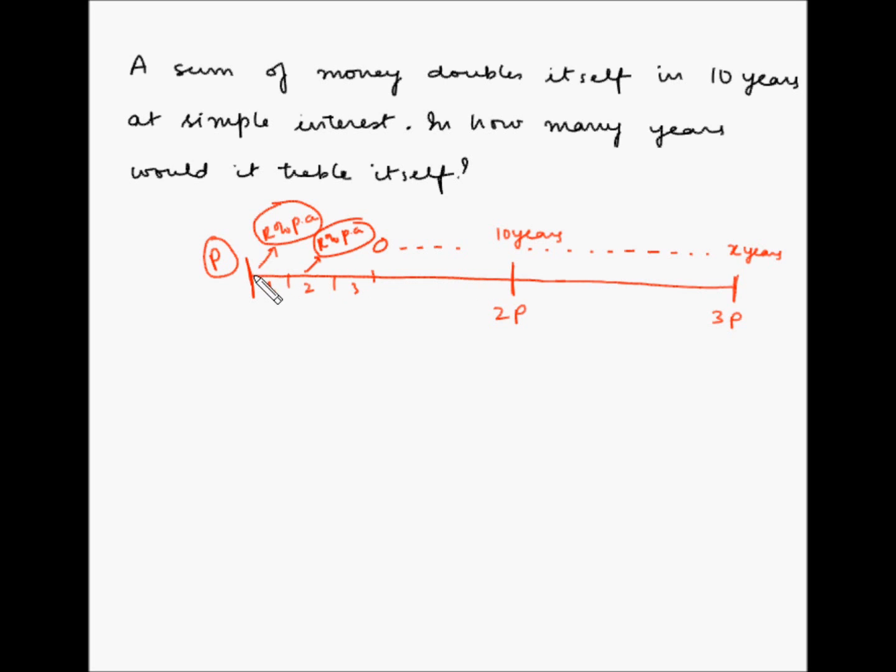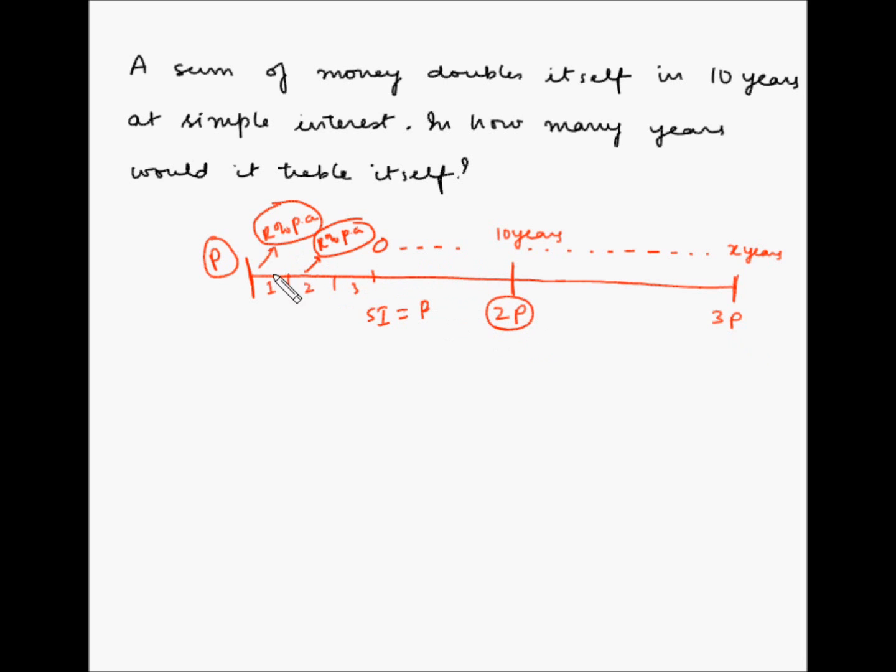So the interest that you obtained in the first 10 years is giving you an amount which is equal to 2 times the principal. So basically the simple interest in the first 10 years is equal to the principal amount.